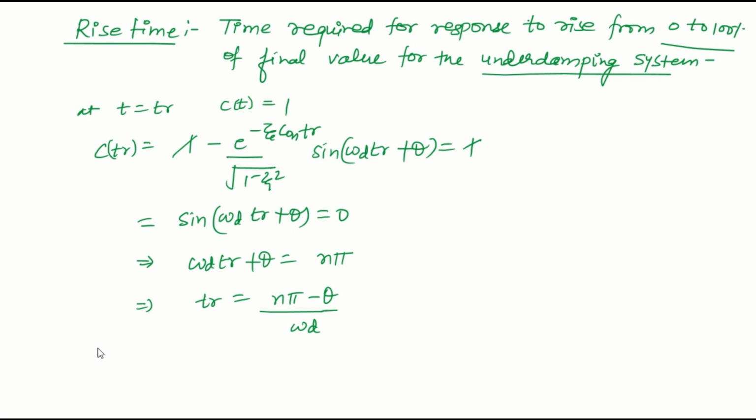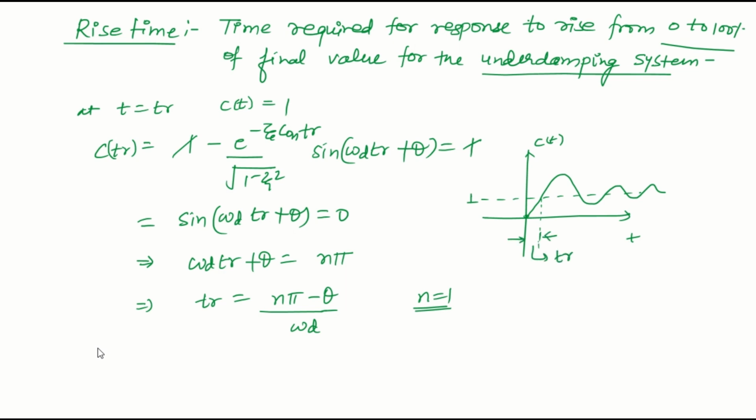Now, the value of n should be 1. Let me draw the response to understand this. This is the response of the second order system, this is the steady state value, and we are getting the damped oscillations like this. So, tr is the first time the response attains the value 1.